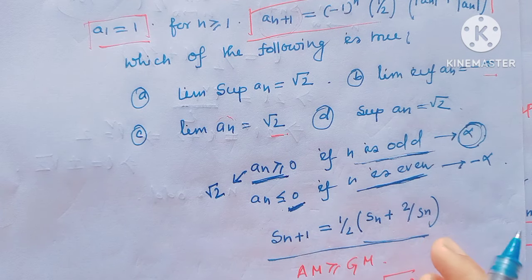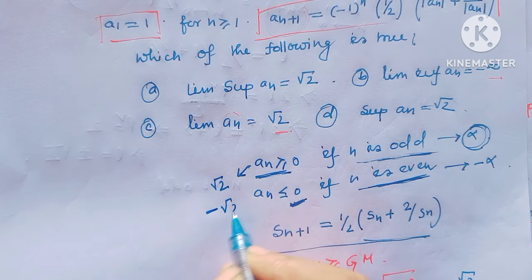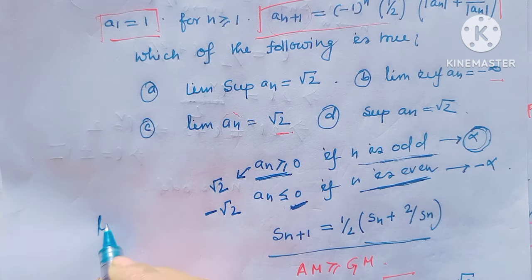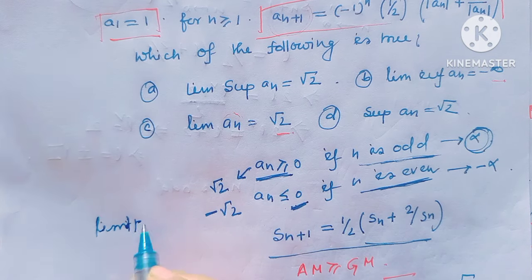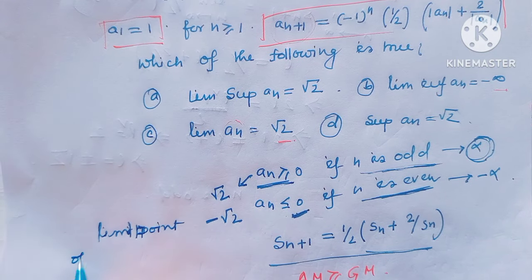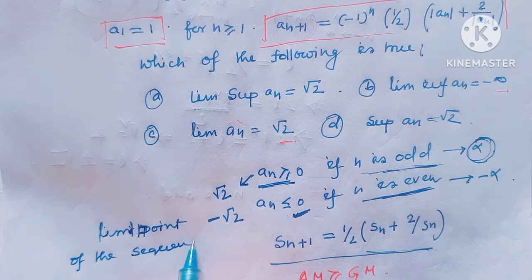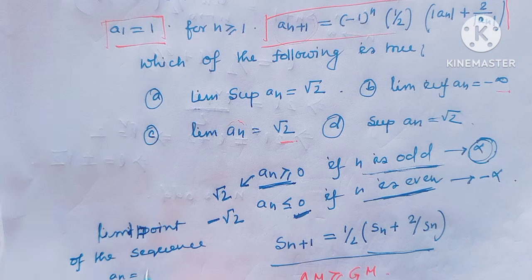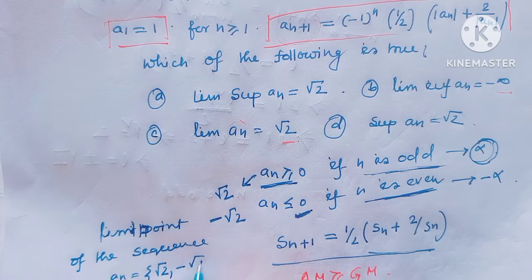So the sequence converges to minus square root of 2. So the limit points of the sequence an are square root of 2 and minus square root of 2.